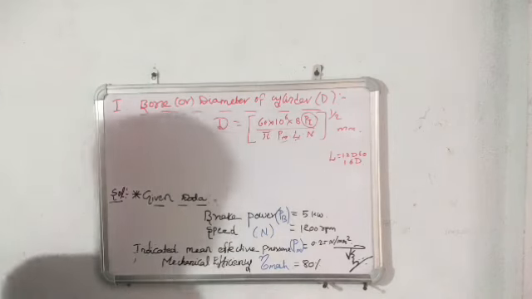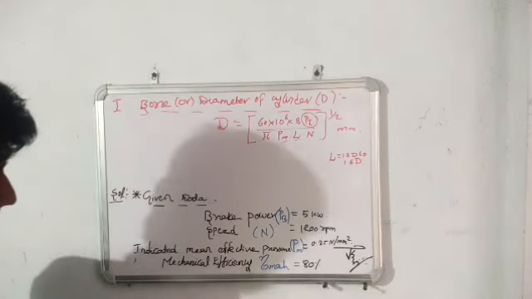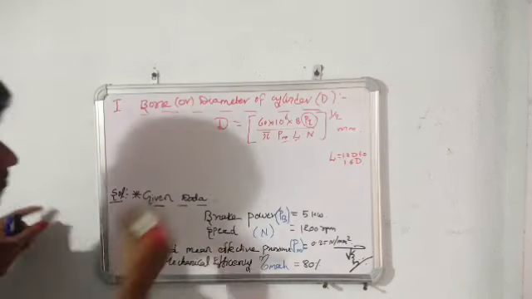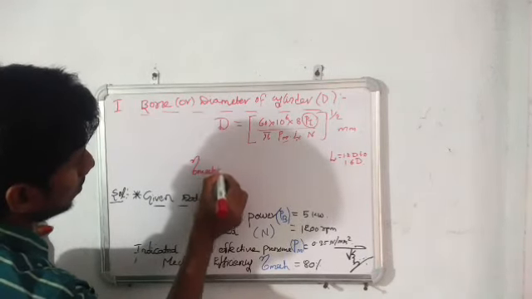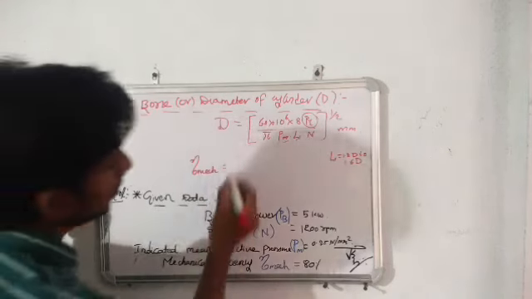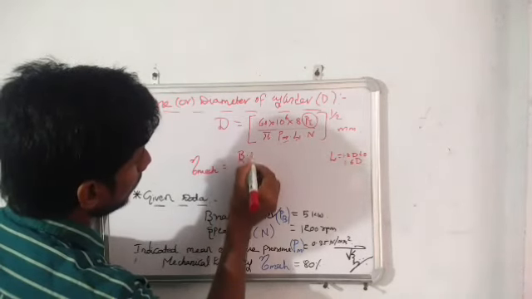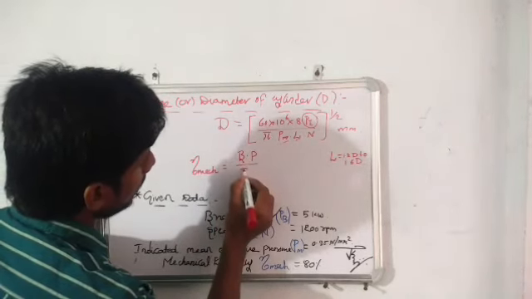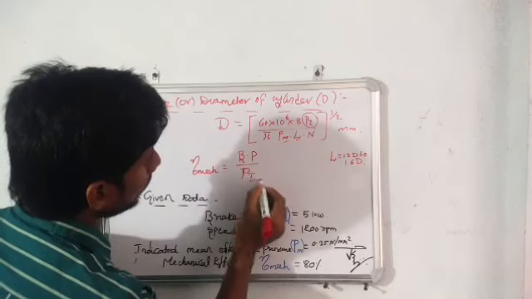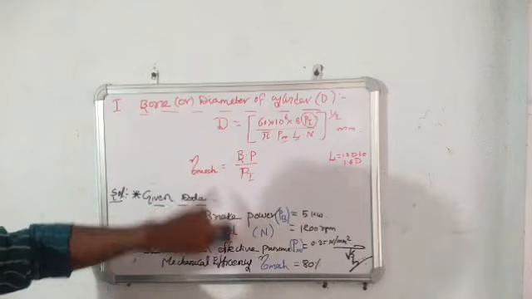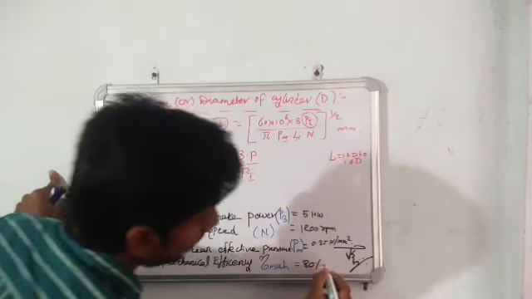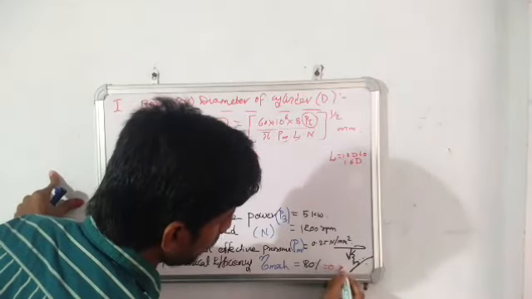So how do we get the indicated power? We know it with the help of the efficiency condition: mechanical efficiency equals brake power by indicated power. In the given problem, the efficiency of the engine is 80%, that is 0.8.